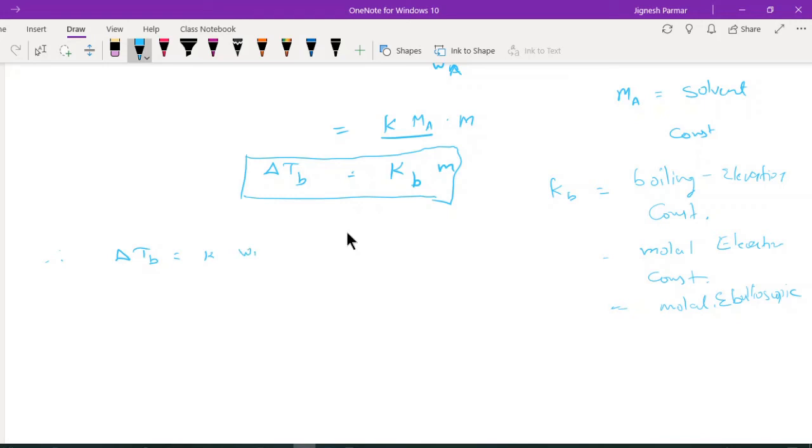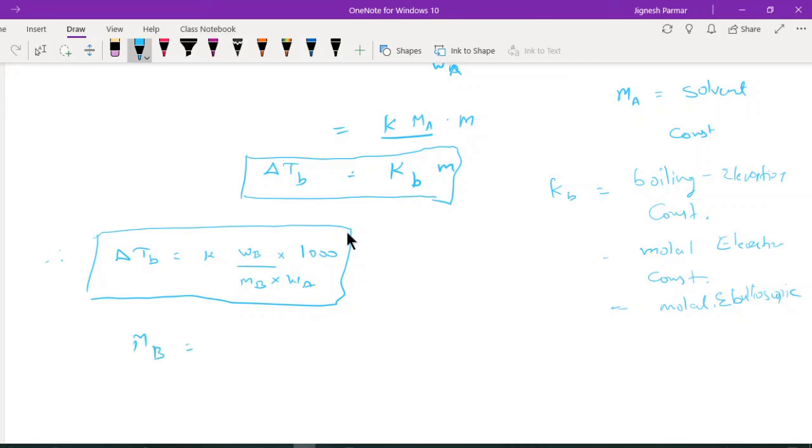So WB upon MB into WA into 1000. This is the formula I am going to use to calculate the molar mass of the solute. Dear students, this is very important to know, and with the help of this formula I can find the molar mass of the solute.